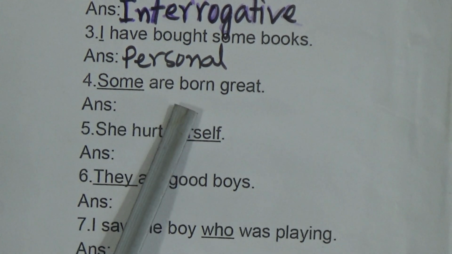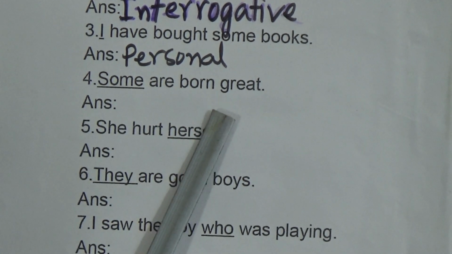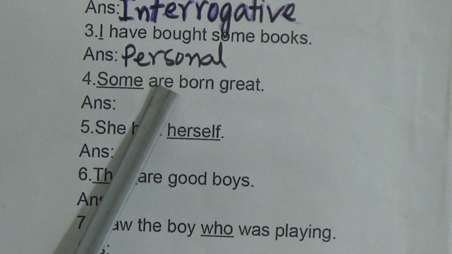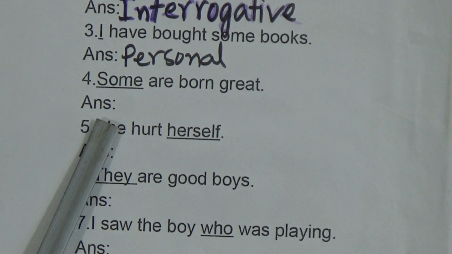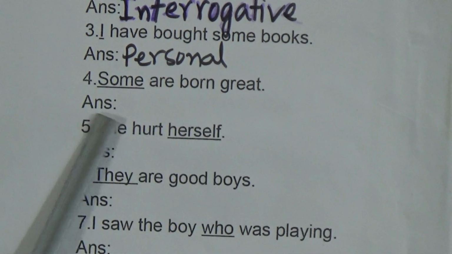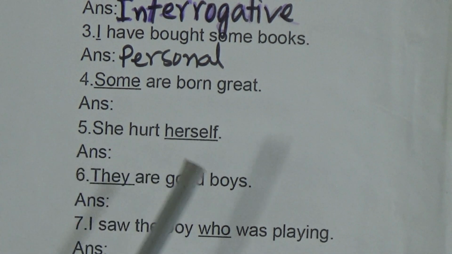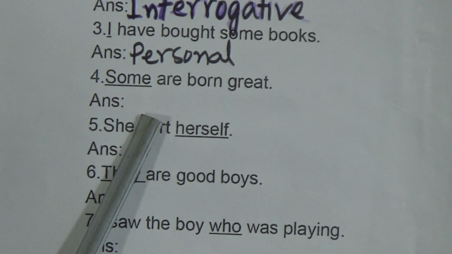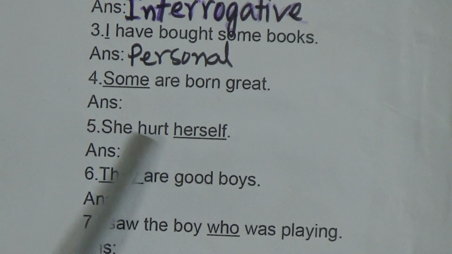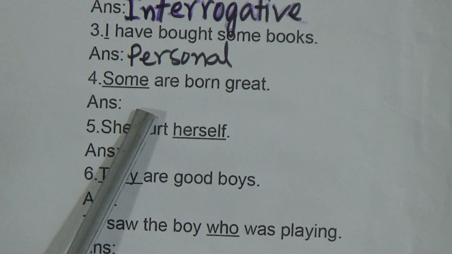Some are born great. So what will you write here? What will be the correct answer? Now look. Some are born great. Who are born great? Do you know? We don't know. But some here indicates people, and we don't know about them.